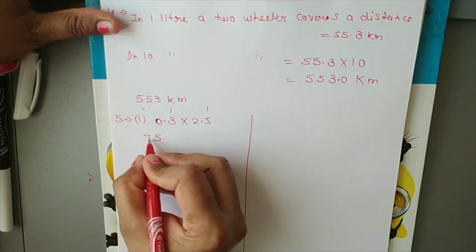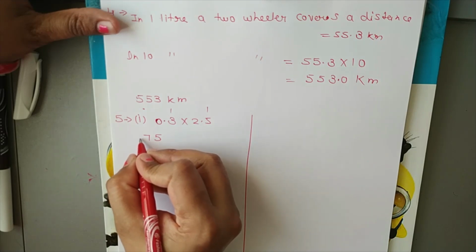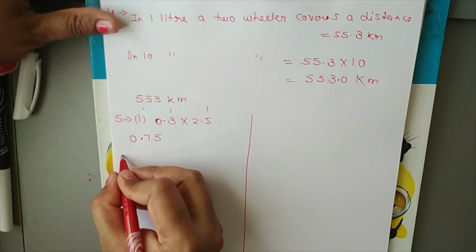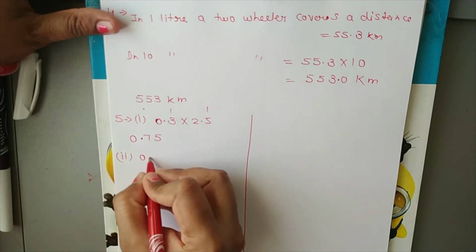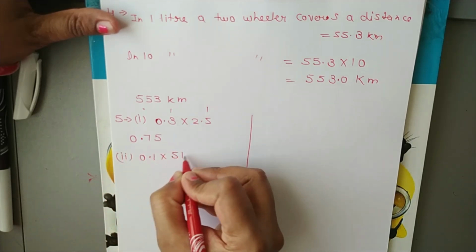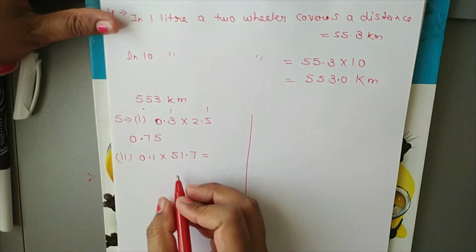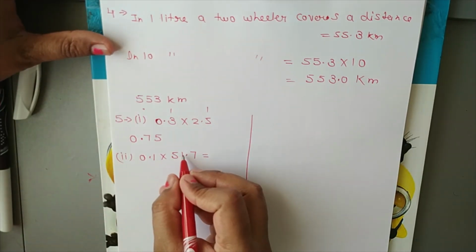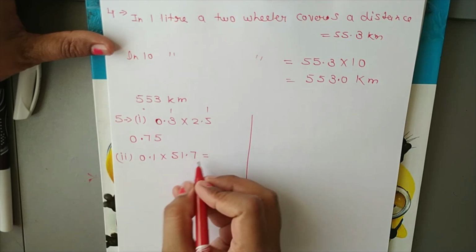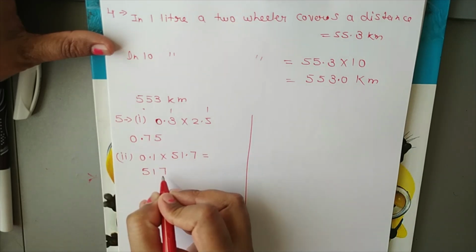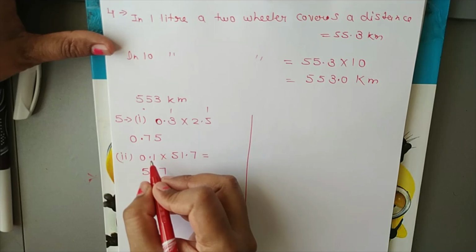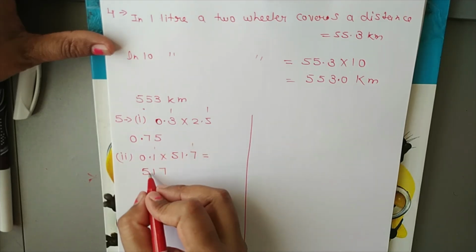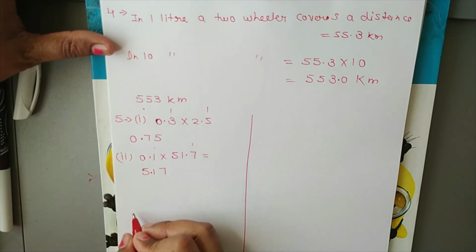So we place the decimal after 2 digits, and it will be 0.75. Second part, 0.1 into 51.7. Ignore the decimal, so it will be 1 into 517, which is 517. Then count the digits after the decimal: here 1, then here 1, so the total is 2. So after 2 digits we have to place the decimal.